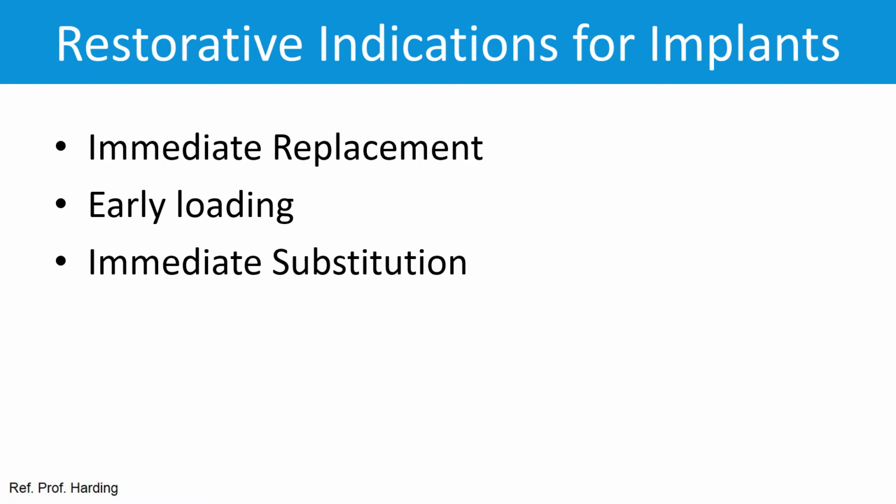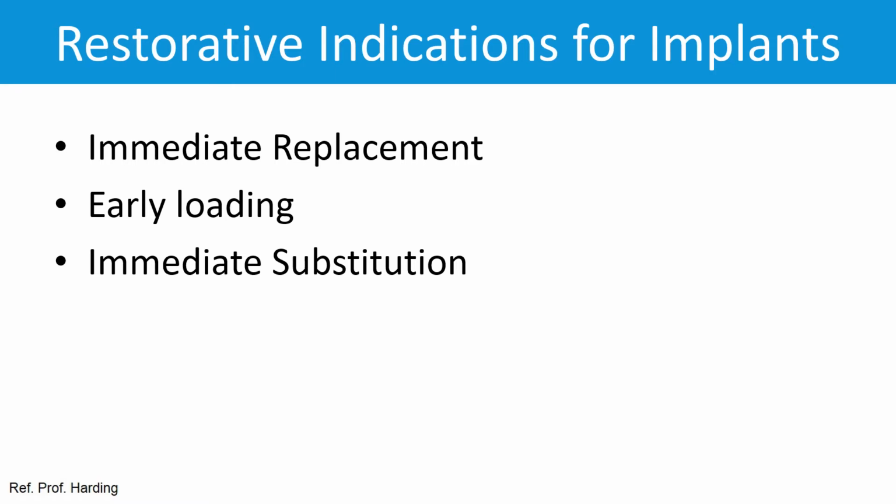In the original protocol, implants were really just for edentulous patients. The implants were placed into basal bone, very little alveolar bone. This then moved on to implants being used to replace individual teeth, and implants being placed into alveolar bone.